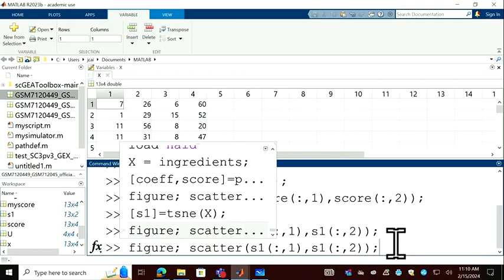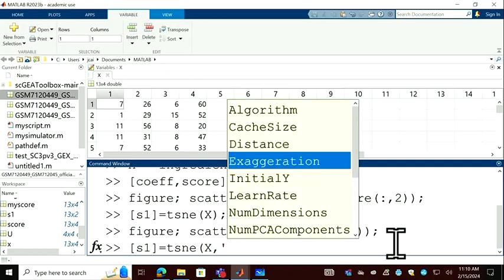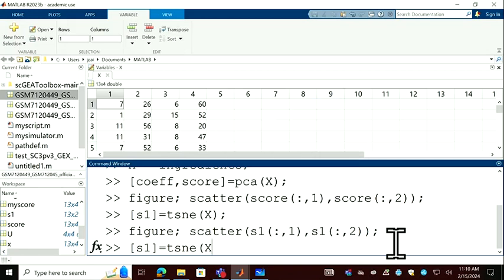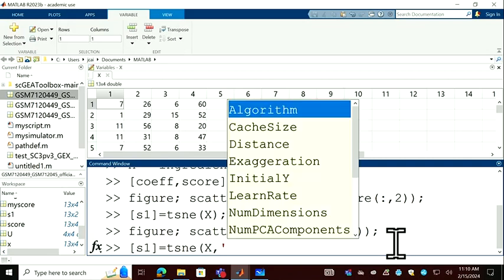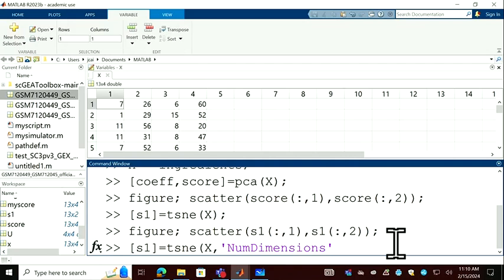Do you have any questions here? You can put variables in number of dimensions. So what I did is I put a comma here and then put this single hypertrophy and then press tab and it gives you the options of parameters.